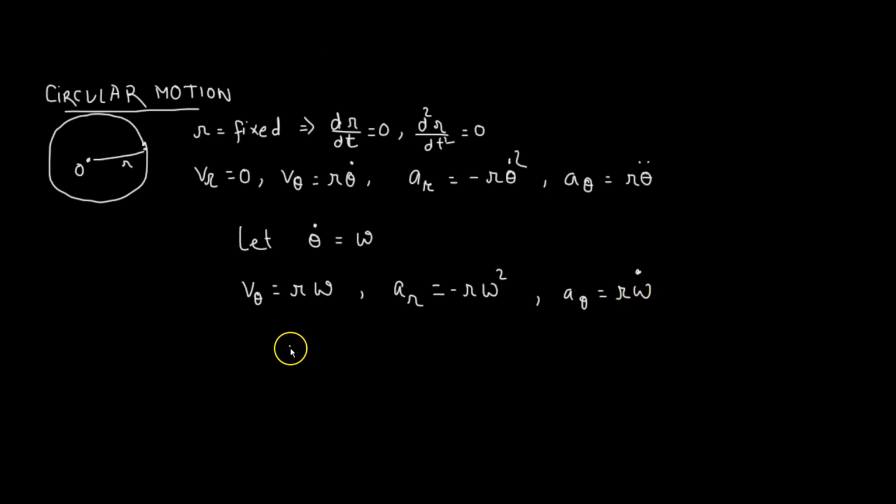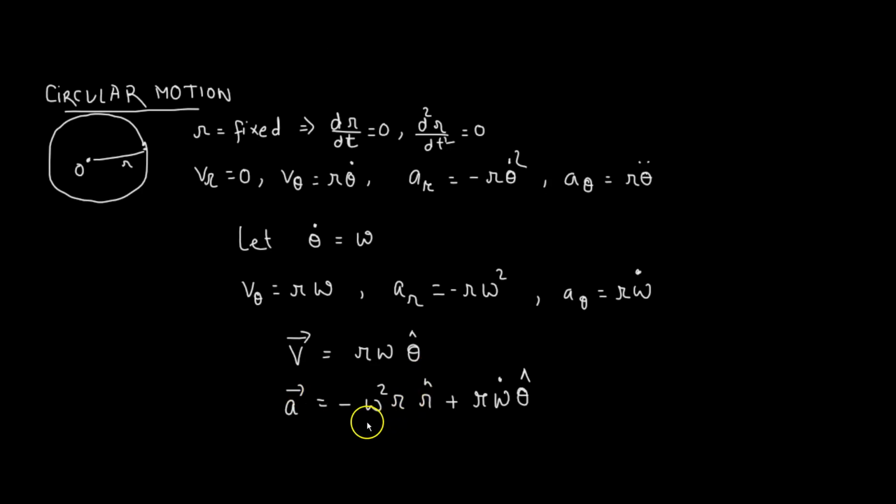So the new expression for the velocity: since we do not have any r component of velocity, there is no radial part, and we are only left with the angular part, r omega theta cap. For acceleration, we have minus omega square r, the radial part, which is why we multiply with the unit vector r cap, plus the angular part r omega dot theta cap. So we have an expression for velocity and acceleration.